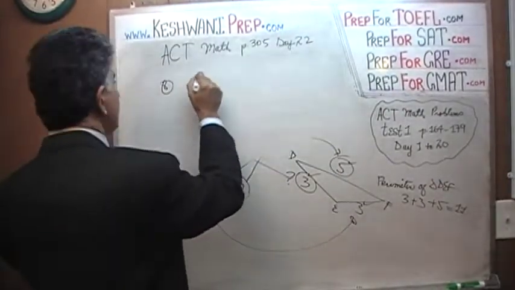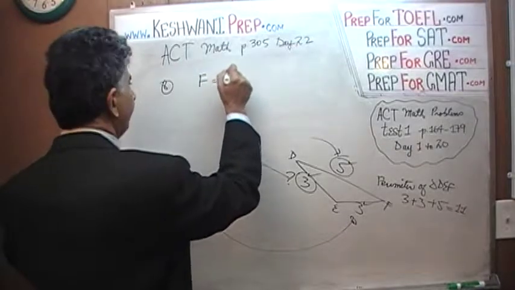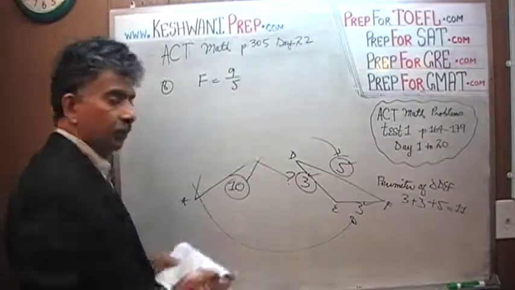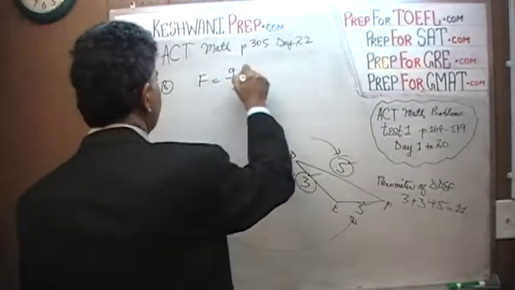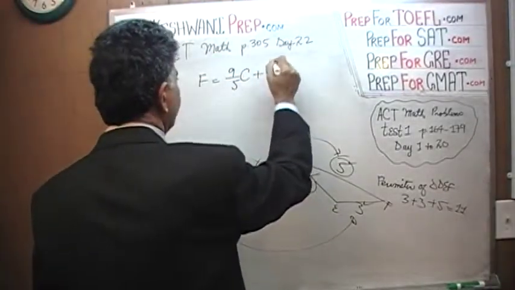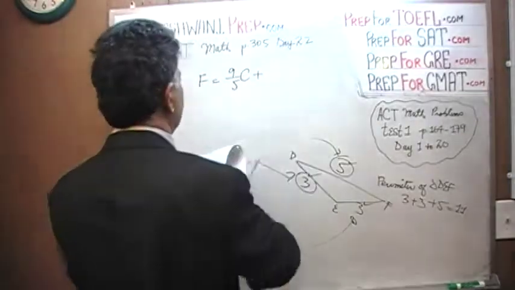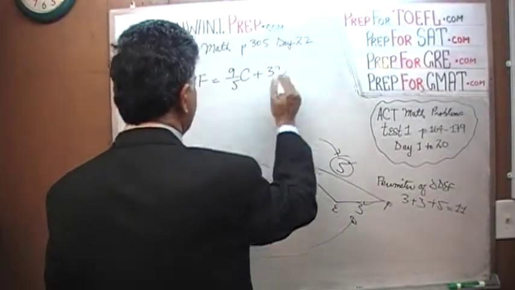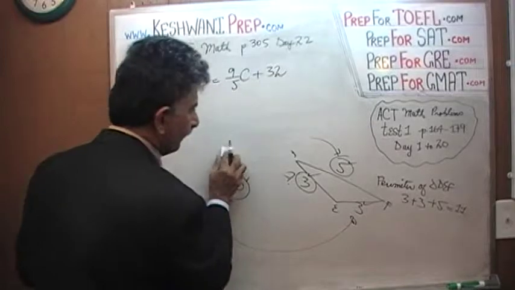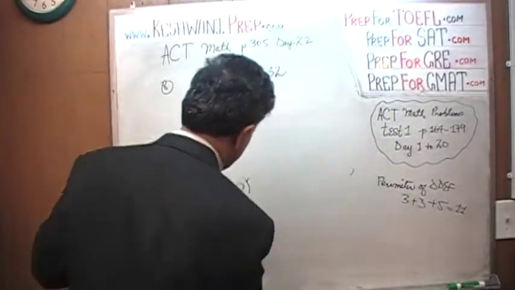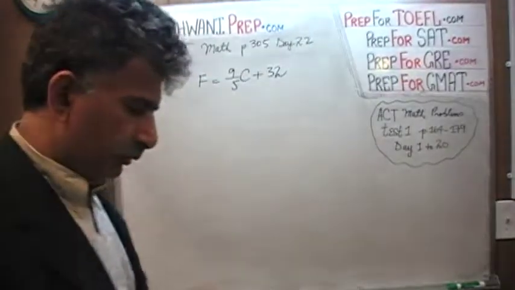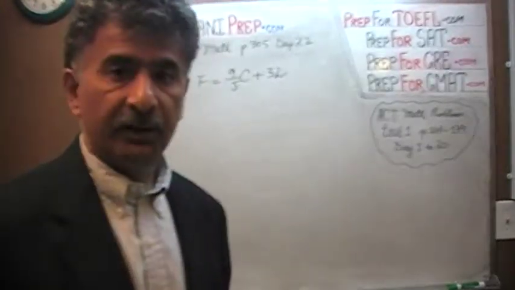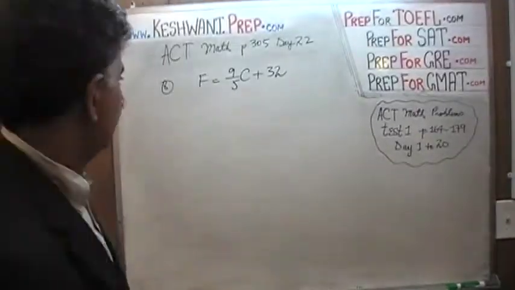In question number 8, we are given a formula which looks something like this. We are told that the Fahrenheit measurement equals 9/5 of centigrade plus 32. And the question is, what will be the temperature if the centigrade happens to be 38?